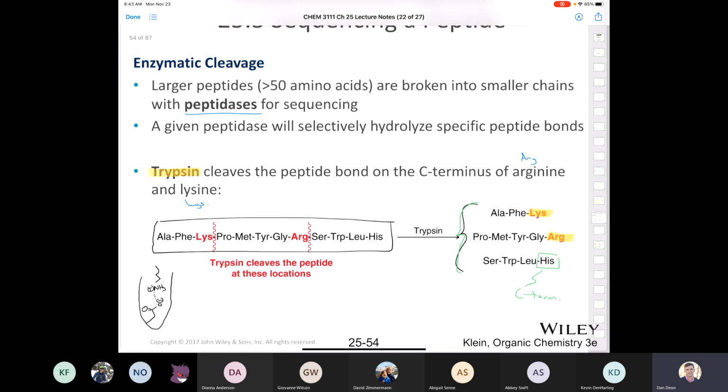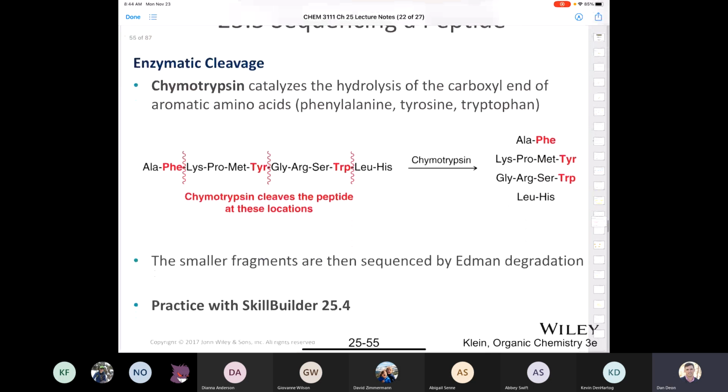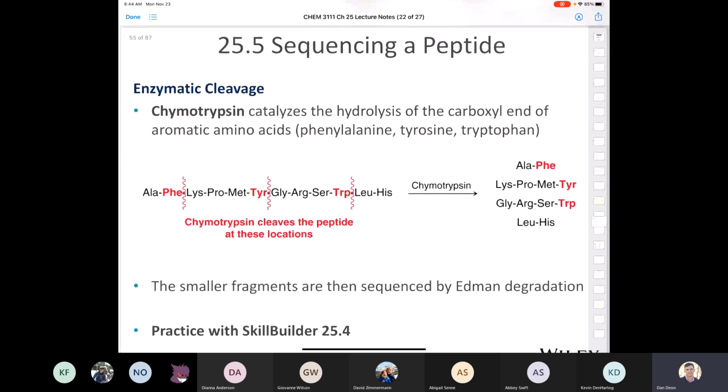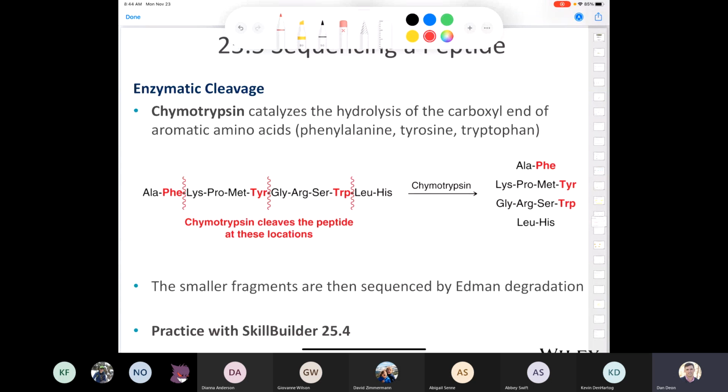Now, if you're wondering how would I work backwards from there? The answer is you would take that peptide and, in a fresh sample of it, you'd treat it with another protease. Chymotrypsin is a peptidase that catalyzes the hydrolysis of the carboxyl end of aromatic amino acids, these ones, phenylalanine, tyrosine, and tryptophan.